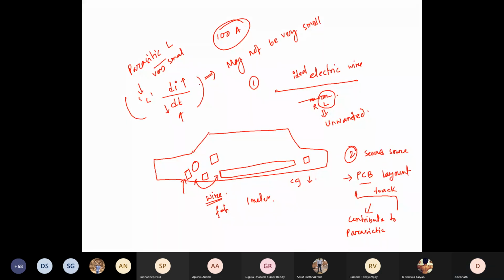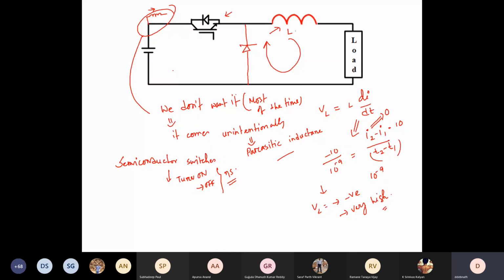So this is also one reason why, to solve this, we should put a capacitor as close as possible to the semiconductor devices or input of the converter.